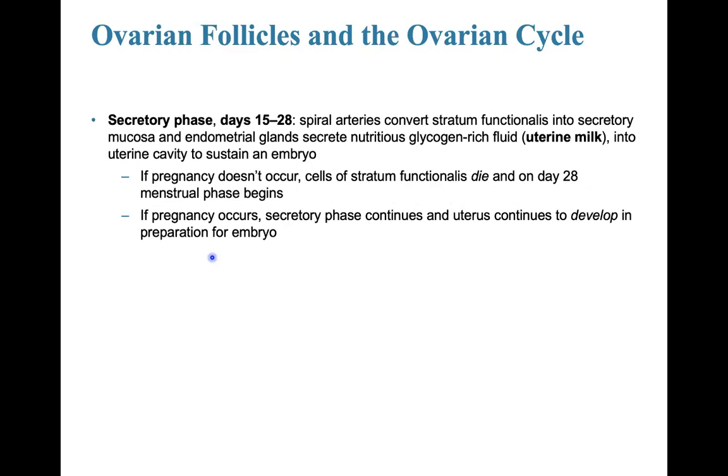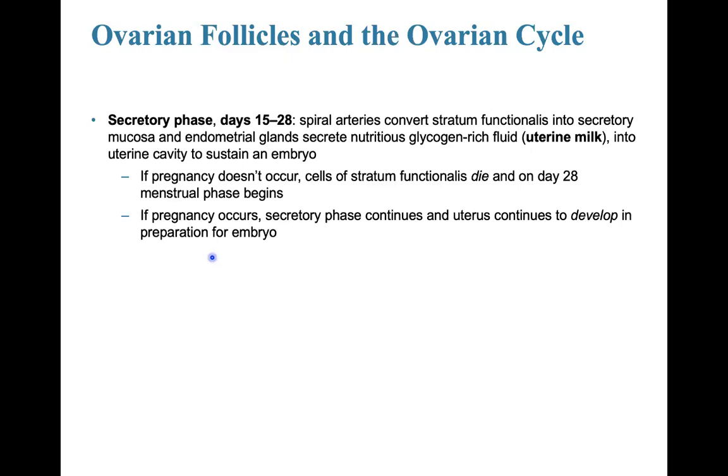During the secretory phase, days 15 through 28, the spiral arteries convert the stratum functionalis into the secretory mucosa, and the endometrial glands will secrete nutritious glycogen-rich fluid, or uterine milk, into the uterine cavity to sustain the embryo.